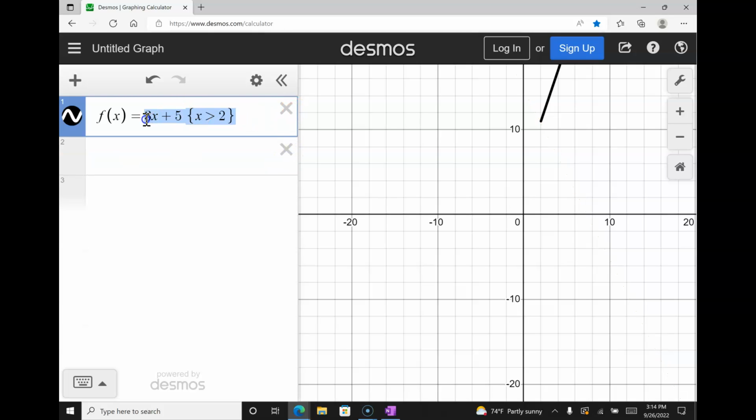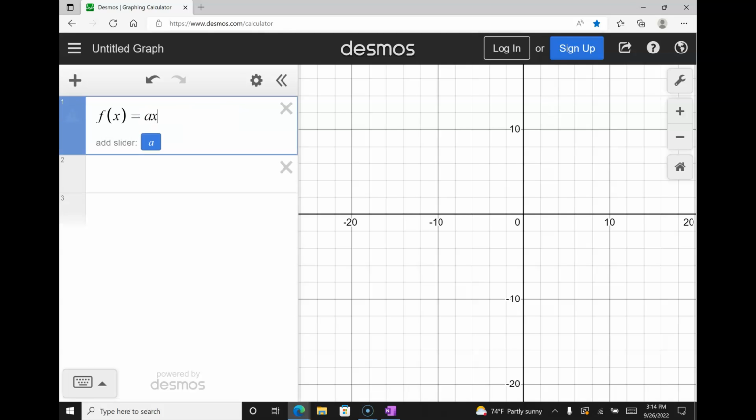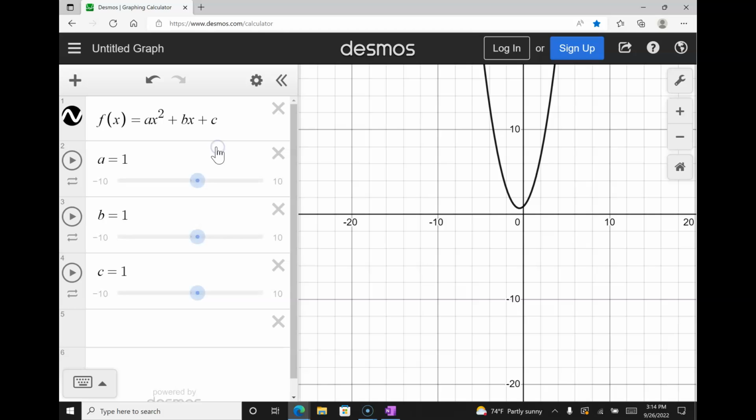But I want to think about f of x is ax squared plus bx plus c, and I want to make them all sliders. If I just change c, what's happening to the graph?